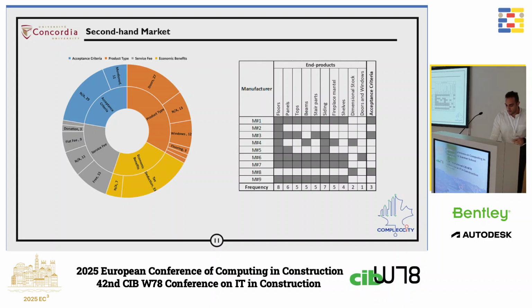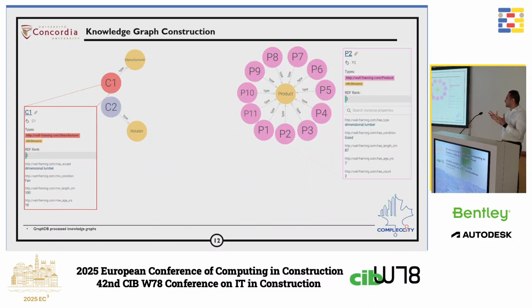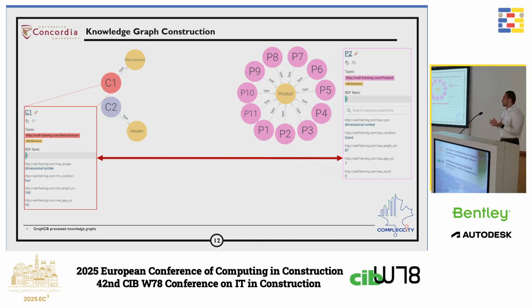And after that, that's where the knowledge graph comes in. We have this knowledge graph that has products that have the building side and that has the market side. And our job is to connect them to one another. And if we were able to do so, we can say what components can go to which retailer or to which manufacturer, and that's what we did.